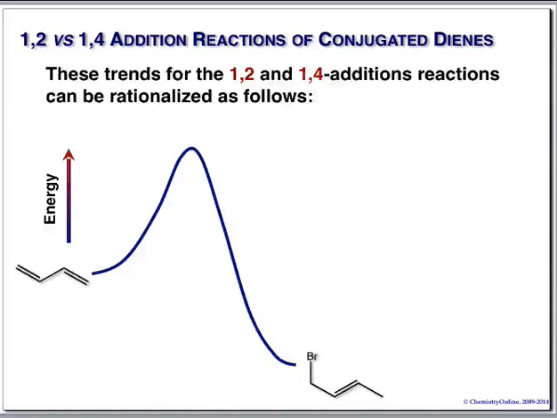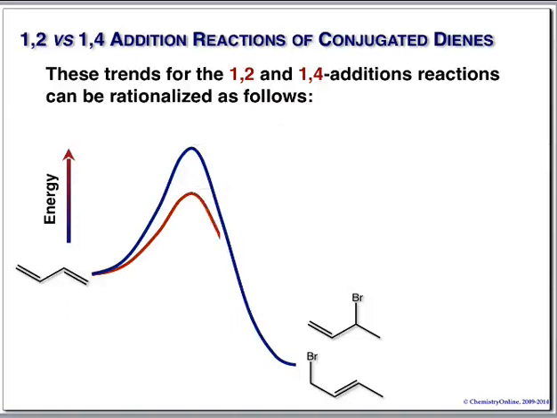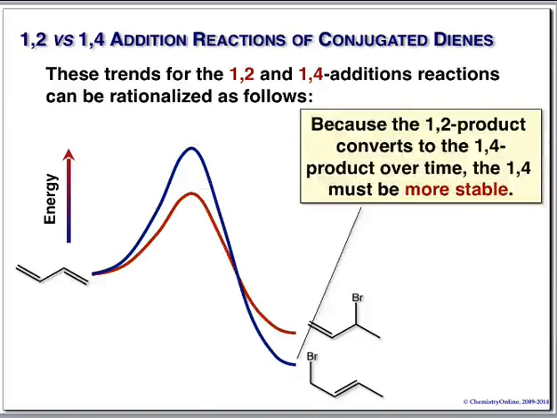Now we know that the 1,2 forms faster. If it forms faster, the same starting point here, that means it must have a lower activation energy. It takes less energy to make it. So less energy to make it, lower activation energy, faster reactions. But we also know that the 1,4 is more stable than this guy. Therefore, the rest of the curve must look like this.